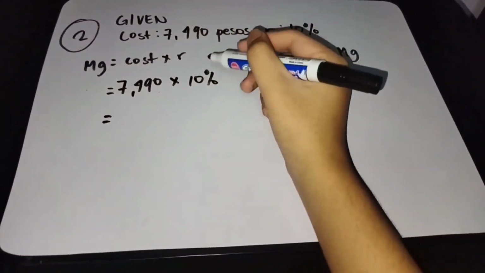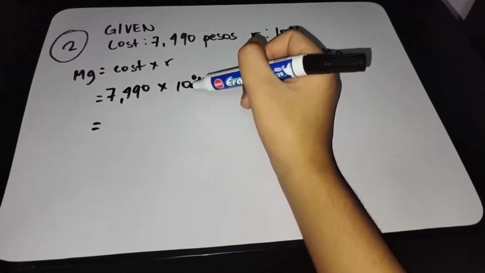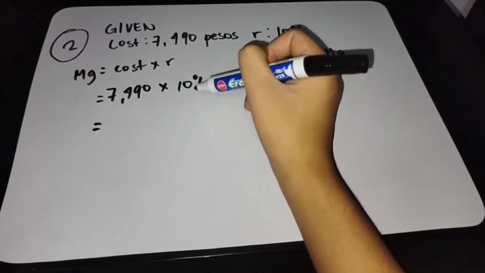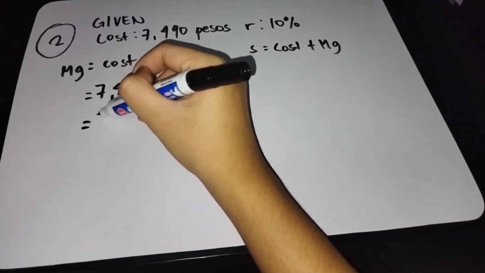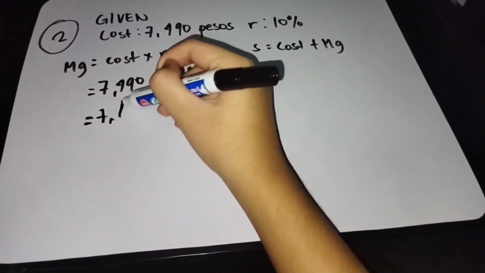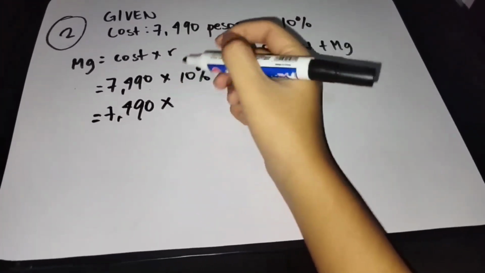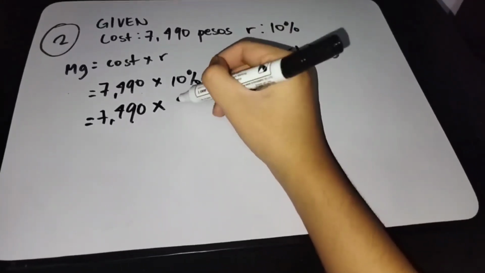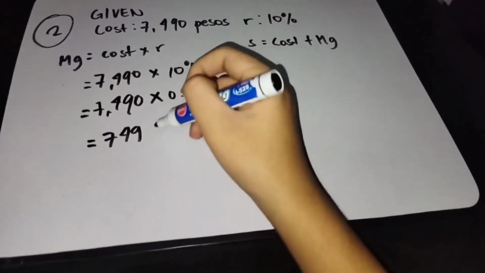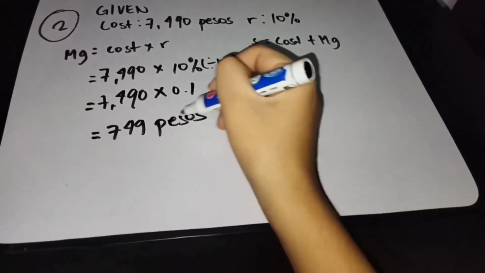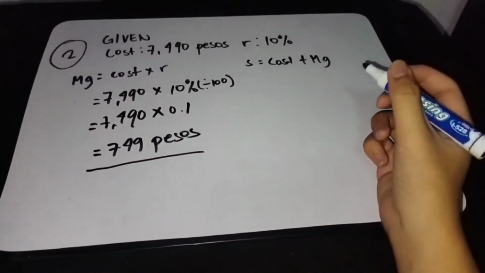But again, we cannot multiply the 10% directly, we need to convert it by moving the decimal two places. So let's copy this first, and the conversion would be 0.1. We'll get 749 pesos.